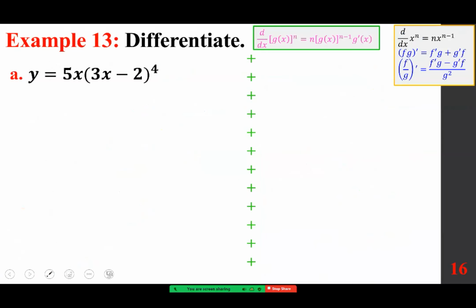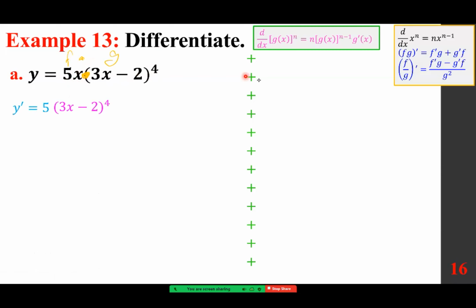Over here, we are going to do the product rule again. And I hope you remember that I've mentioned that if 5 is a huge number or decimal fraction, you can put brackets and just work on x. The derivative of this is 5 times the second piece, (3x minus 2) to the power of 4.